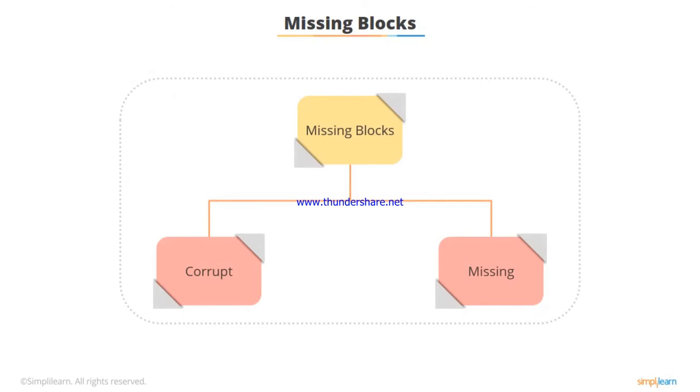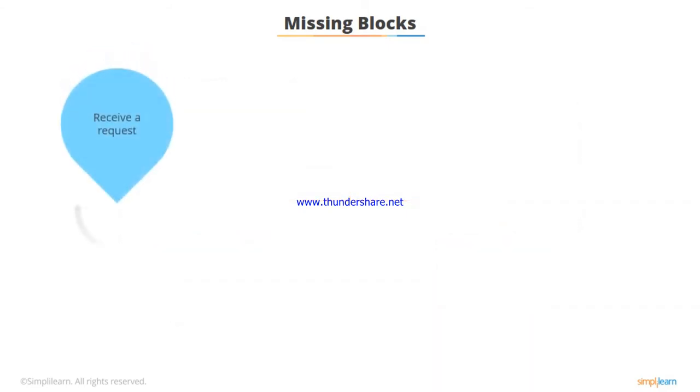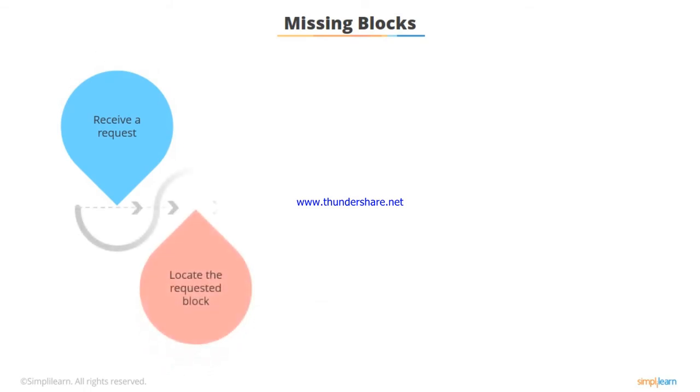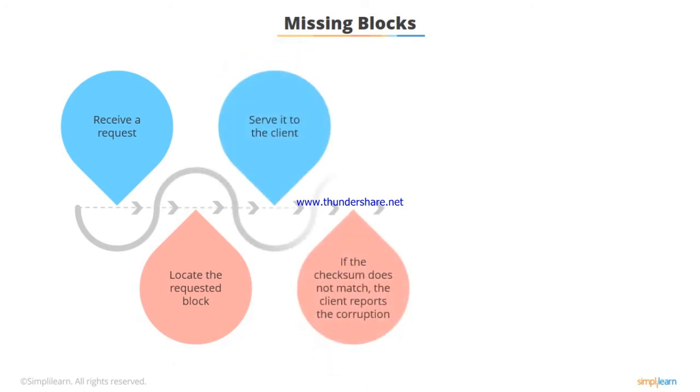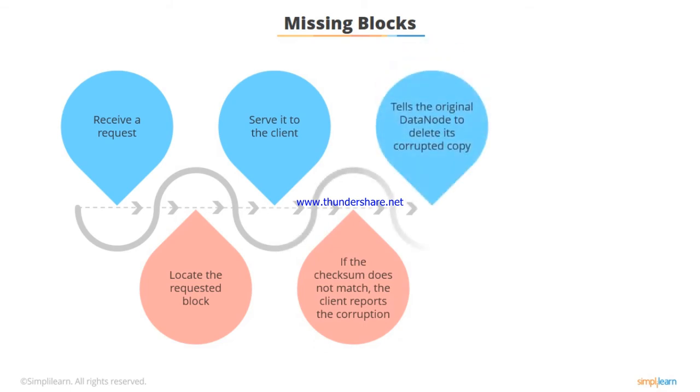Missing blocks are corrupt or missing blocks that can point to an unhealthy cluster. Upon receiving a read request, a DataNode will typically locate the requested block and serve it to the client with a checksum for the data. If the checksum for the received data does not match the stored checksum, the client reports the corruption to the NameNode and reads the data from one of the other replicas.